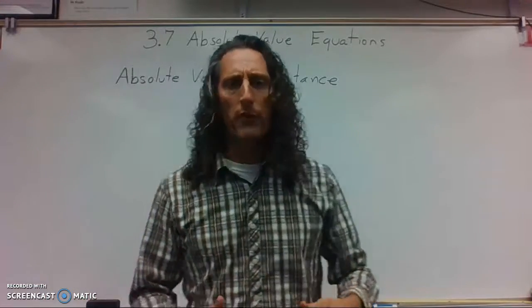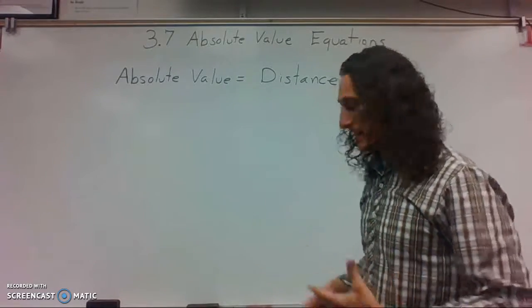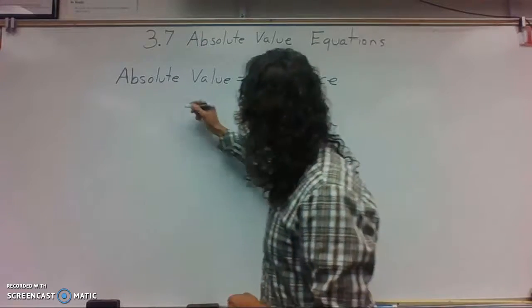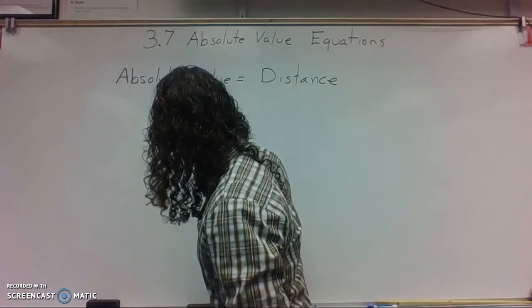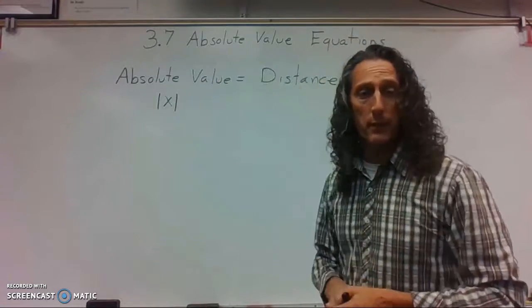And if you remember from before, absolute value means it's a distance. And we usually show that symbol with those two perfectly straight up and down lines.